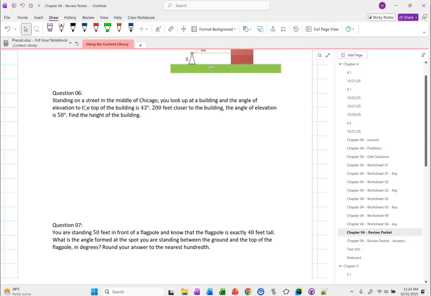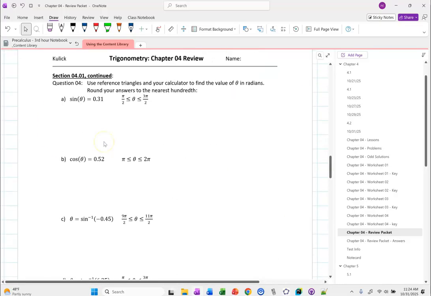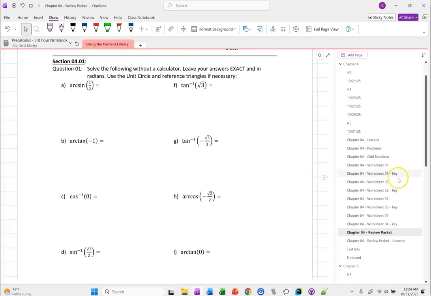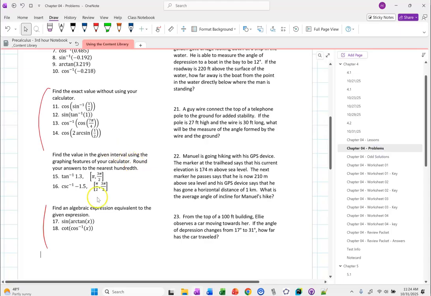Do you guys have a decent feeling as to what the test format will be? Okay, notice what it did not include was problems like 17 and 18 from the problem set. Okay, did not include those.